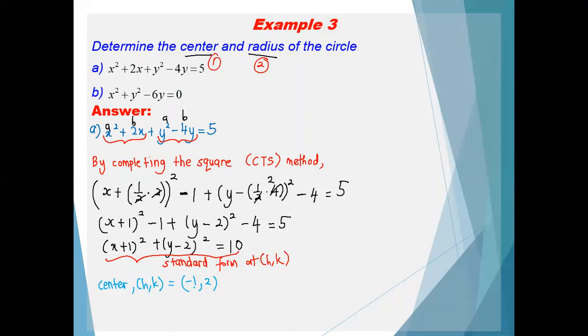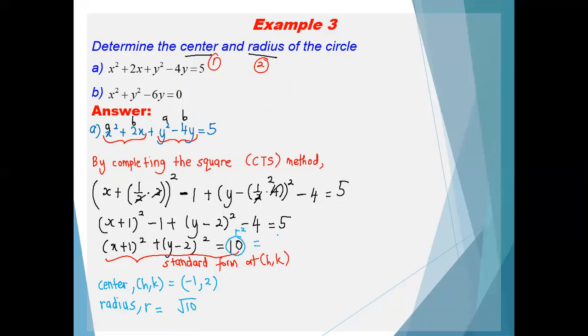So what is the radius? Radius adalah sama macam tadi, square root 10. Sebab apa? Sebab this one is r square, right?